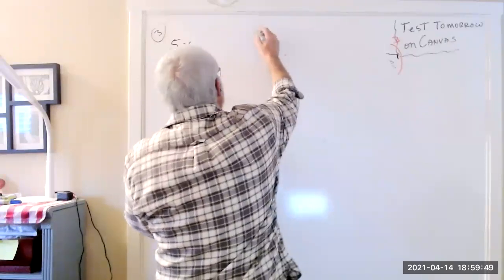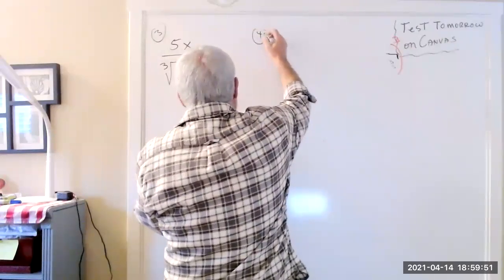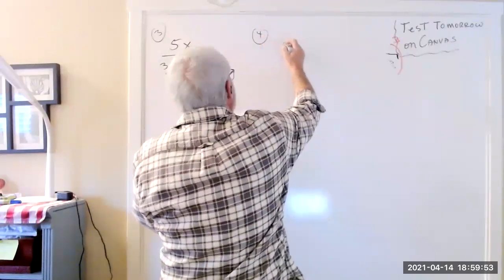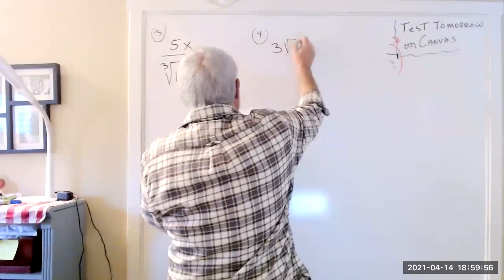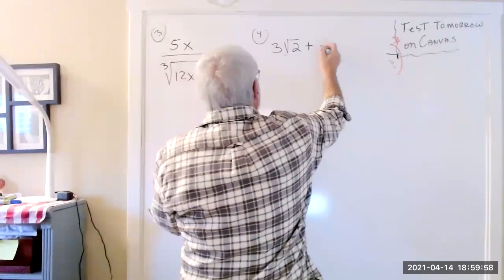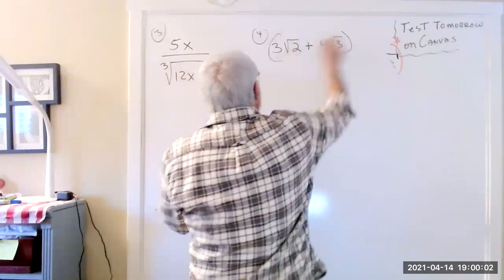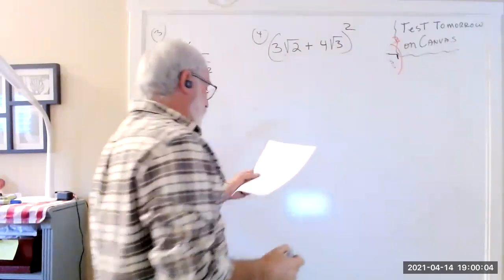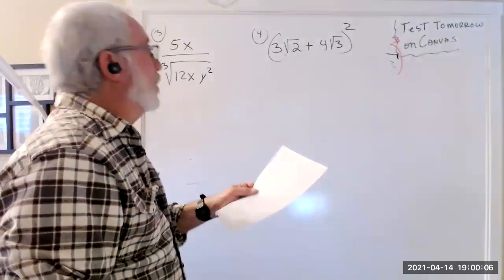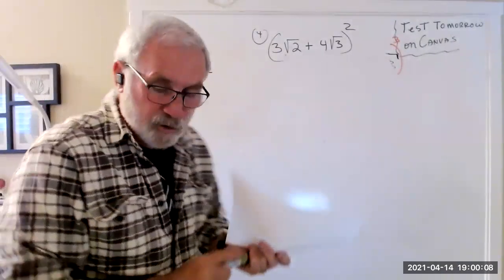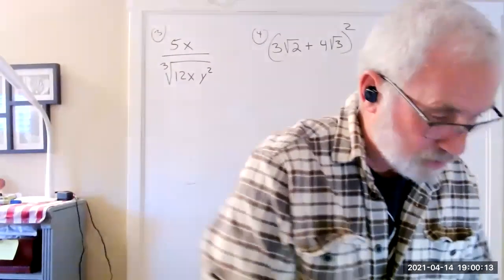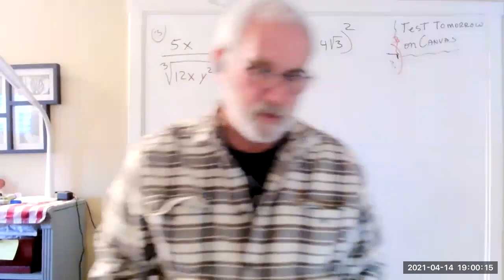Number 4, 3 radical 2 plus 4 radical 3 quantity squared. Let's do those 2 first, make room. Let's pause, give you guys about 4 minutes of those.